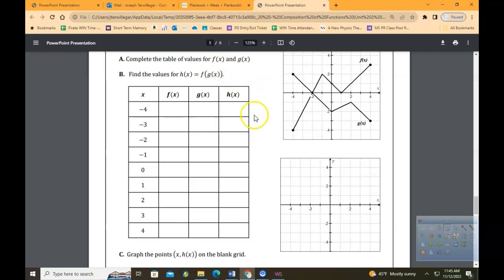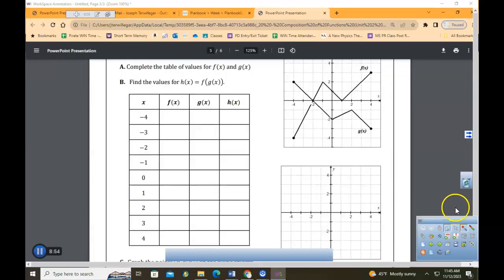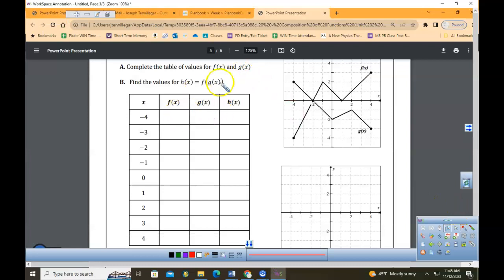Alright. Let's complete this table for f of g of x. I'm going to go kind of quick on this one, okay? I'm going to plug in g of x first, and then plug that into f of x. So g of negative 4 is 2.